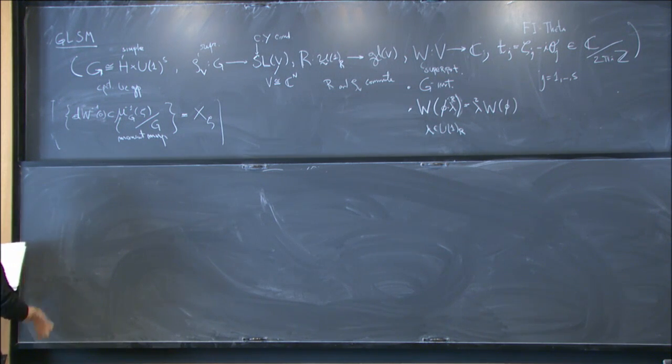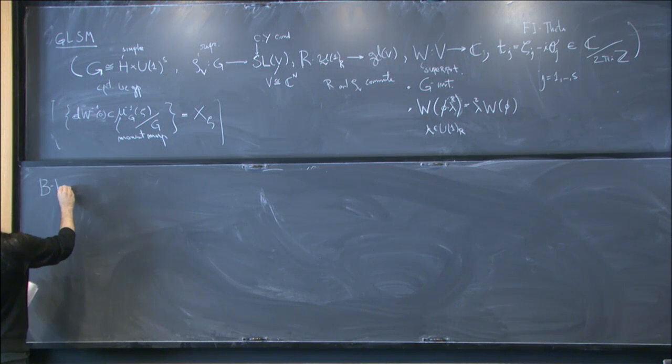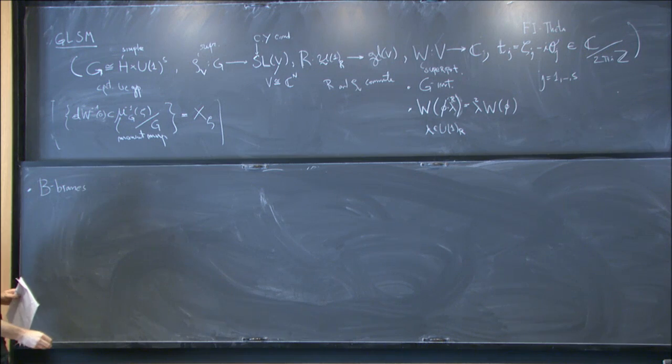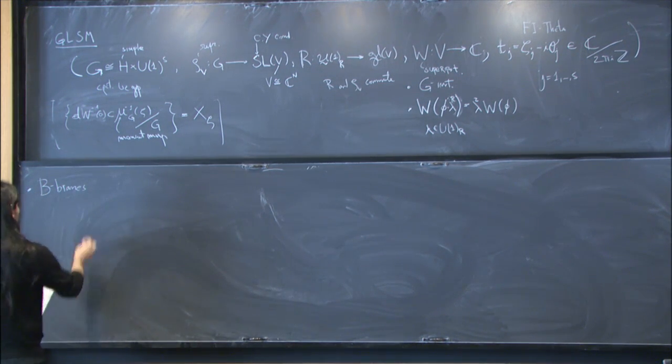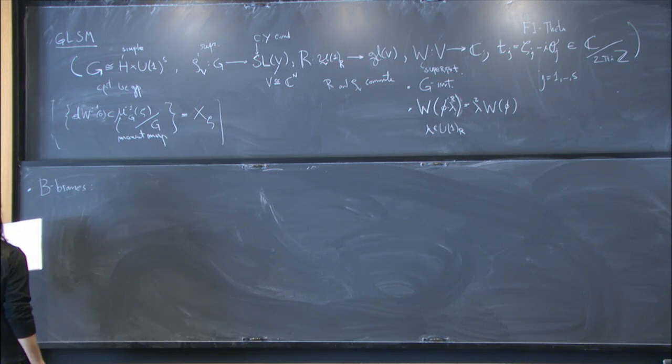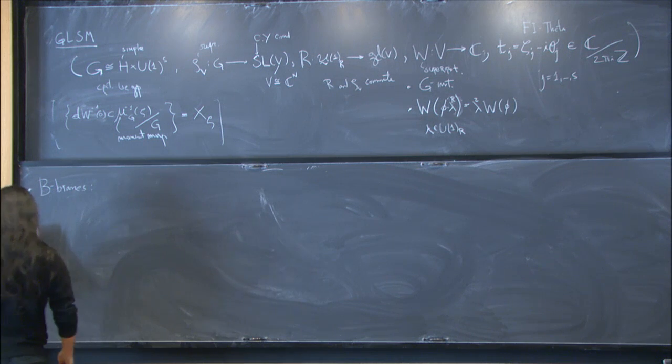Okay, so let me go to now. I defined GLSM. So far it's just a set of objects, of things, and now let me define B-branes on the GLSM. So B-branes on the GLSM, what are these things? They will be specified by two very distinguished data.